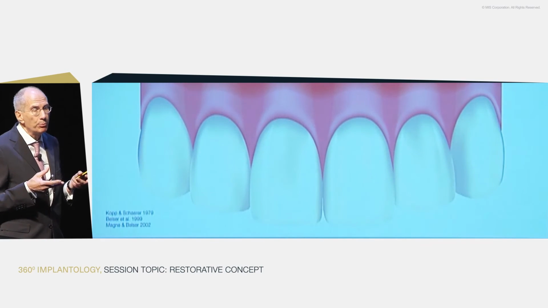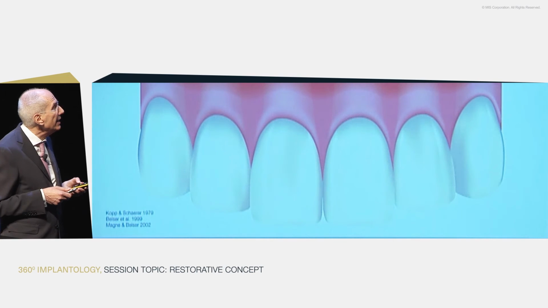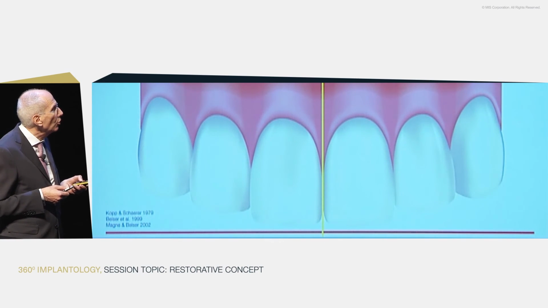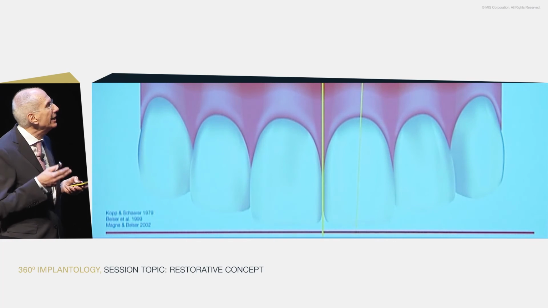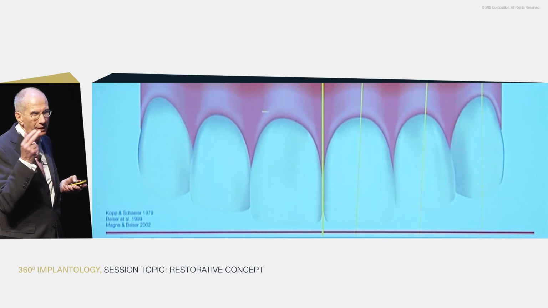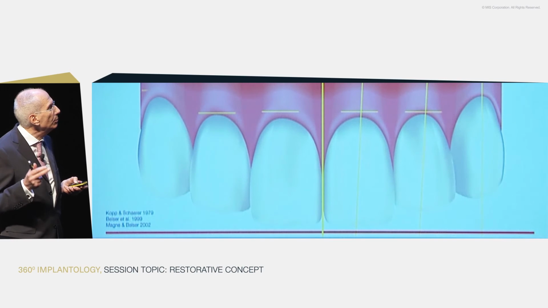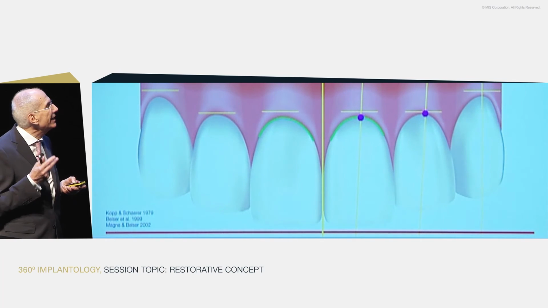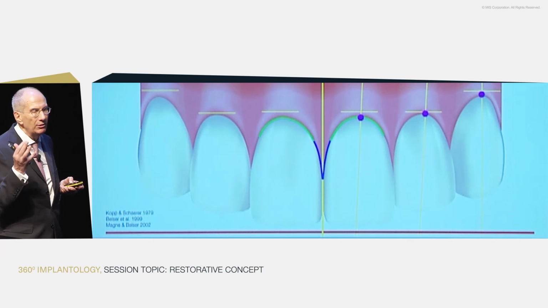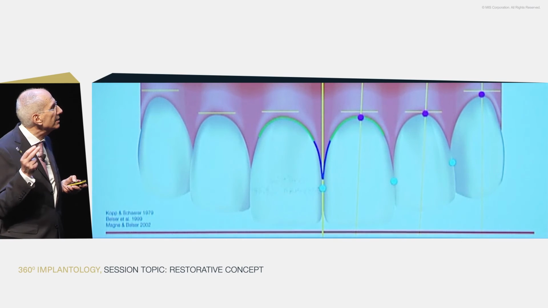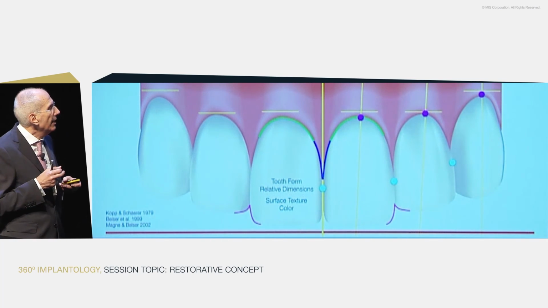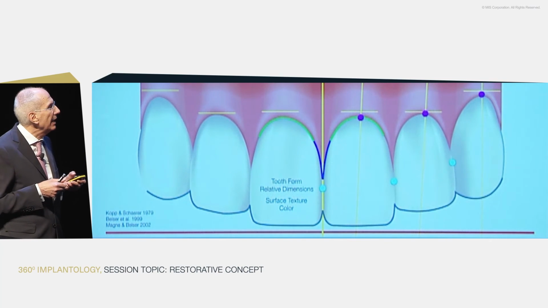And of course, in prosthodontics, we still rely on the old checklists that show we look for the midline, we look for the tooth axis, we look for the gingival margin, we look to the scalloping, we look to the zenith of the gingiva, interdental tissue, proximal contact points, to the tooth form and the tooth dimension, interincisal angle, and so on.